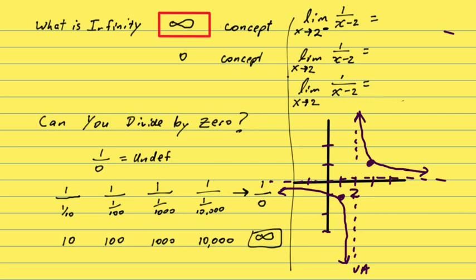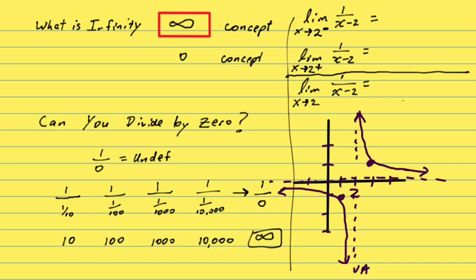It means from the left. Aren't the negatives to the left of 0? So from the left. If you put a little plus afterwards, that is called from the right. And together those are called one-sided limits. And we need to explore those.